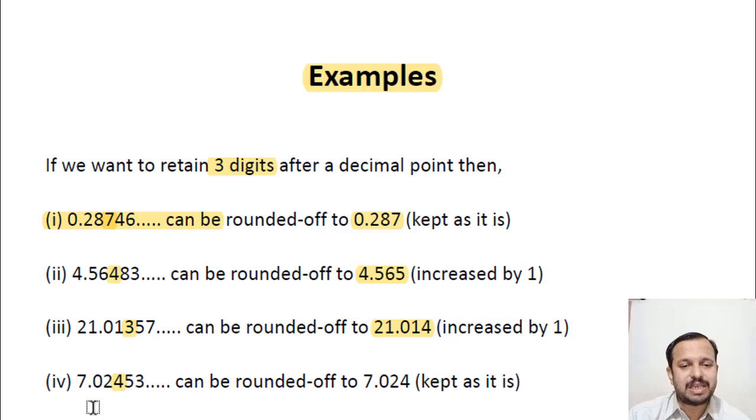But if it is even, then nothing is to be done. Keep it as it is. So the rounded off number of this given number is 7.024. This is the approximate value of the given number. Like this, we can work out many examples on rounding off a given number.